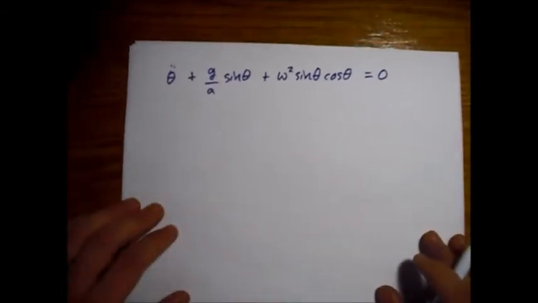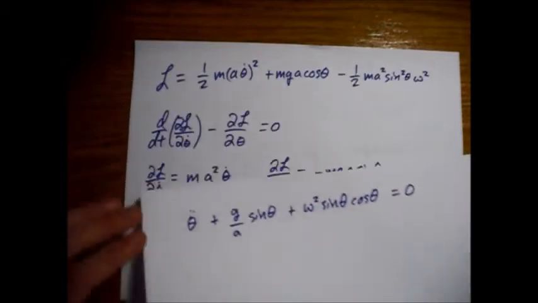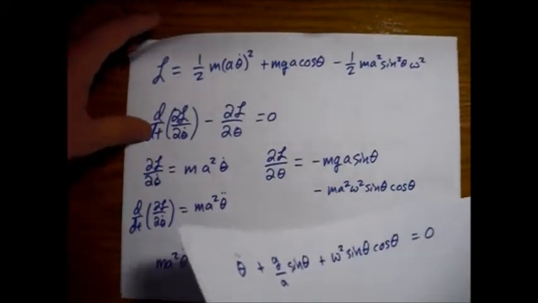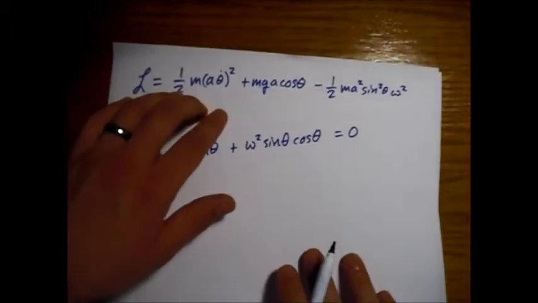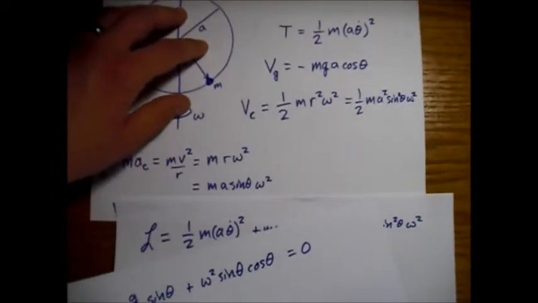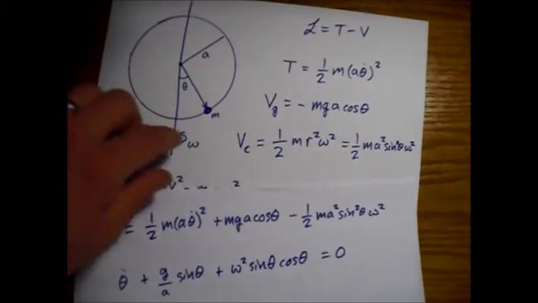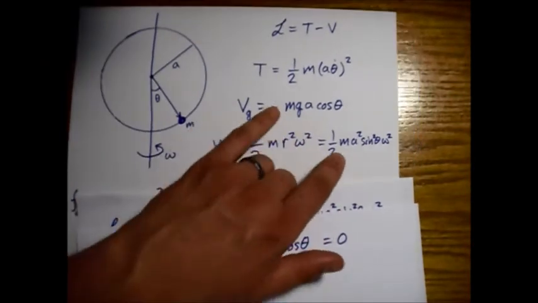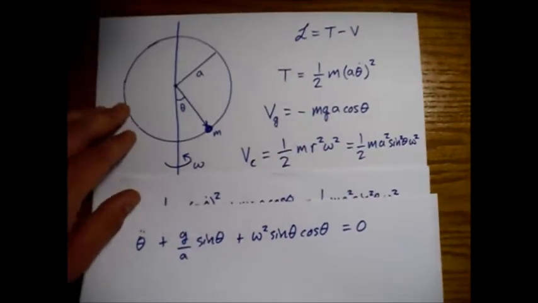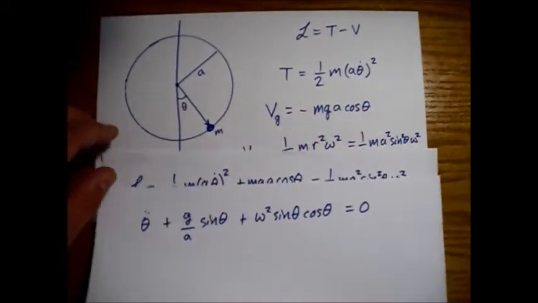As a side note, our Lagrangian does not depend explicitly on time, and neither one of these pieces of our potential energy depends on velocity. So there's no theta dot in these.